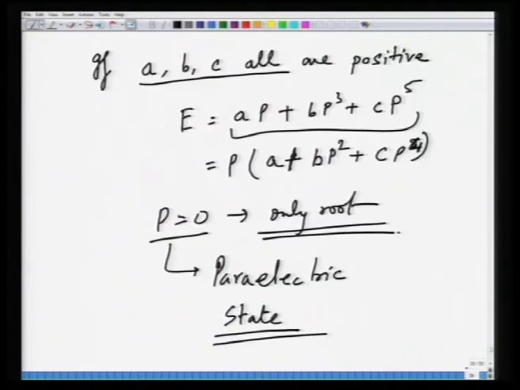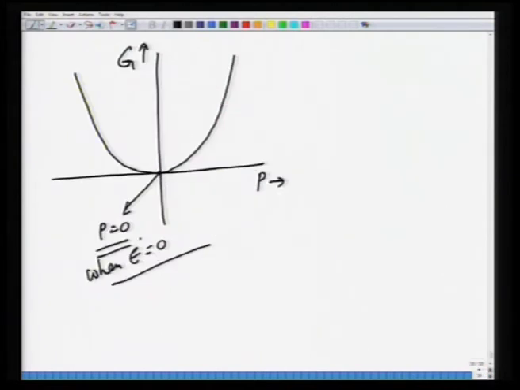I forgot to mention that here P equal to 0 is the only root when E is equal to 0. So, this determines the state of equilibrium when E is equal to 0, then P is equal to 0. So, this determines the paraelectric state.